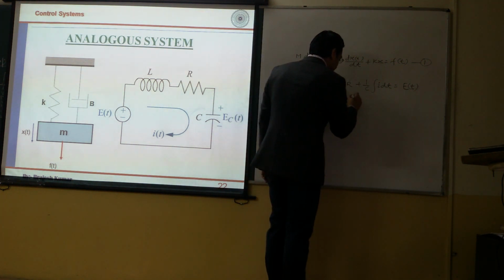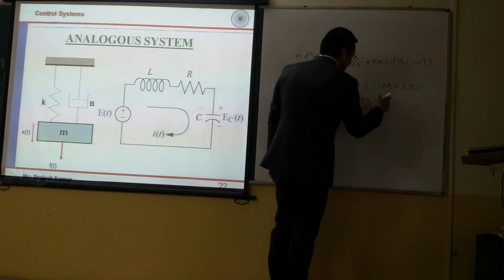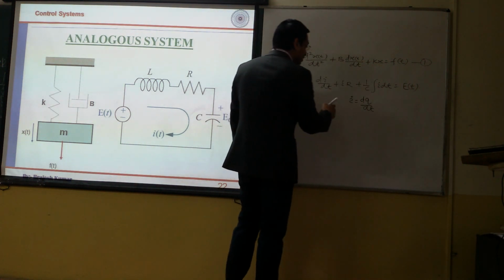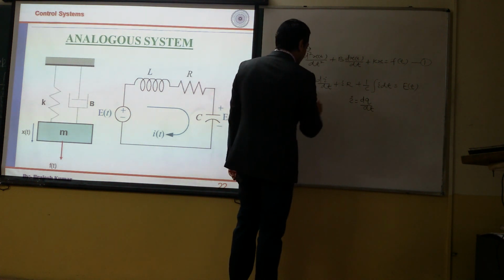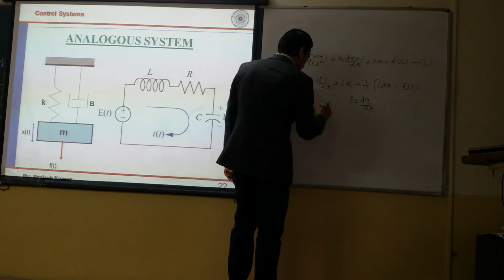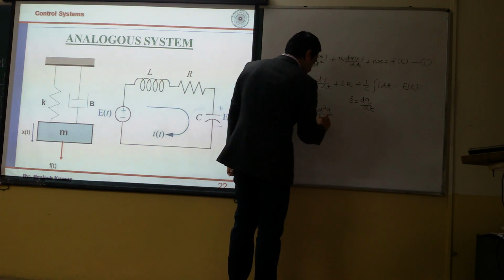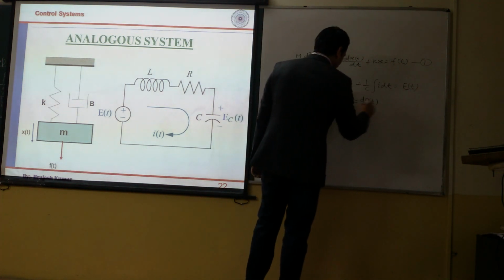You will put I is equal to dq upon dt in this equation. After putting this, we have L double differentiation of charge upon dt square. This q is of course a function of time. Okay?